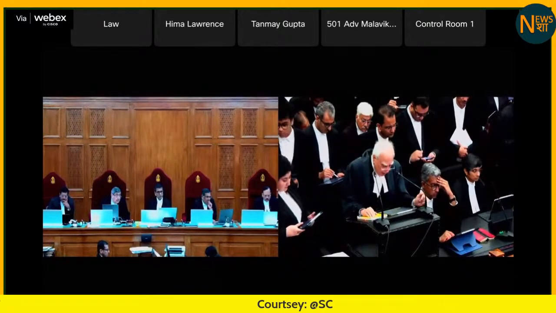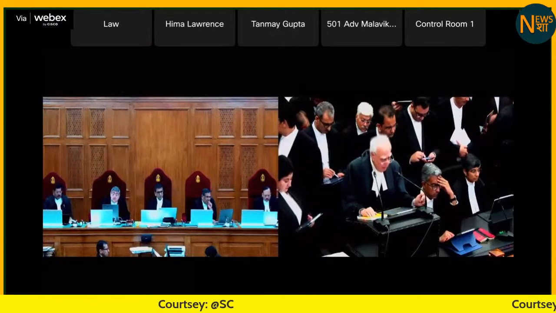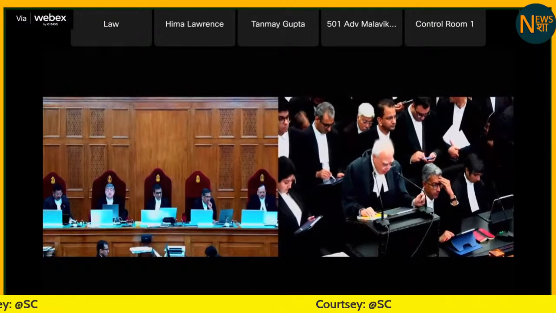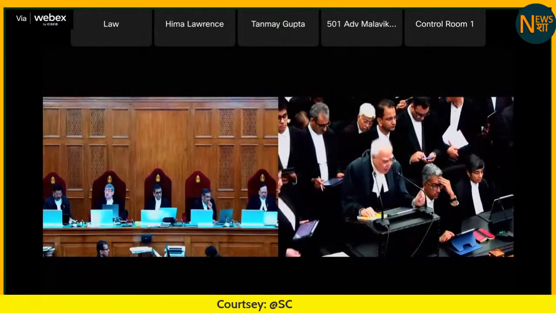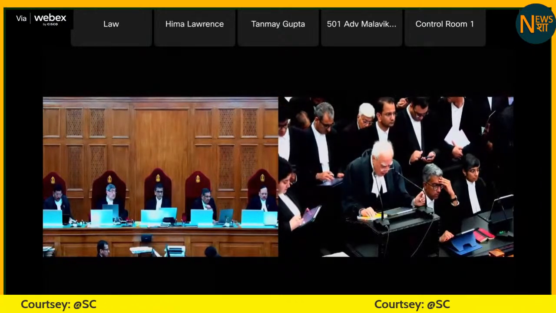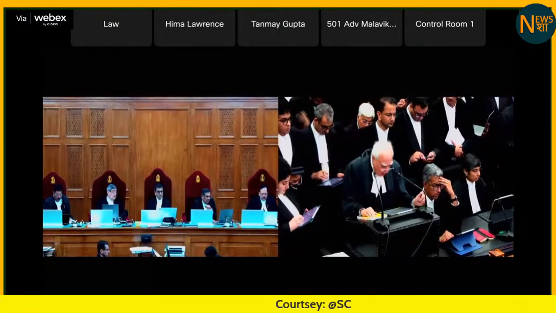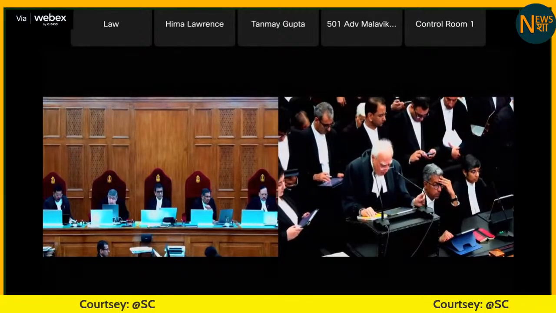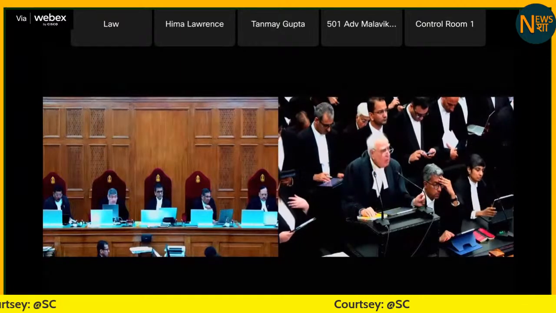The governor shall from time to time summon each house of the legislature to meet at such time and place as he thinks fit. But 6 months shall not intervene between its last sitting in one session and the date appointed for its first sitting in the next session. The governor may from time to time prorogue the houses or either house or dissolve the Legislative Assembly.